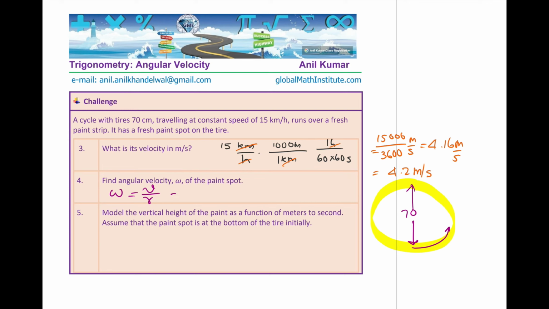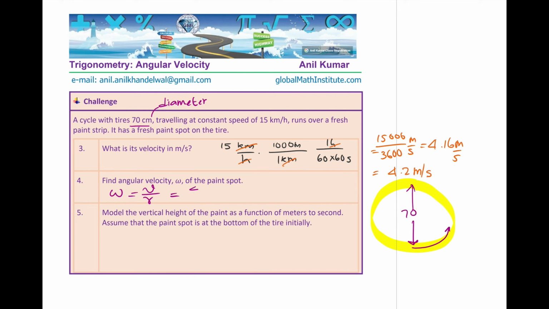That is the relation. Since the 70 centimeter tire is the diameter, the radius is half of 70, and in meters per second we have the value which is 4.16.